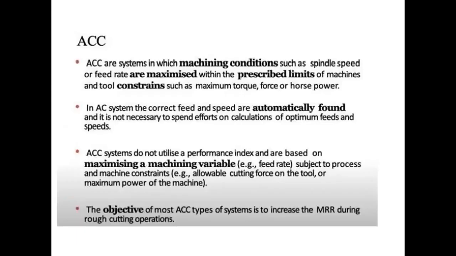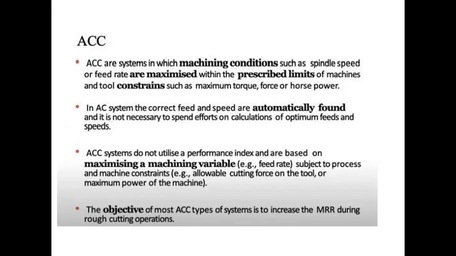So you see, adaptive control with constraints refers to systems in which machining conditions such as spindle speed and feed rate are maximized within the prescribed limits of the machine and tool constraints, such as maximum torque, force, or horsepower. Every machine has some constraints, right? The maximum torque it can produce, the maximum force it can give out to the tool, the maximum horsepower it has.